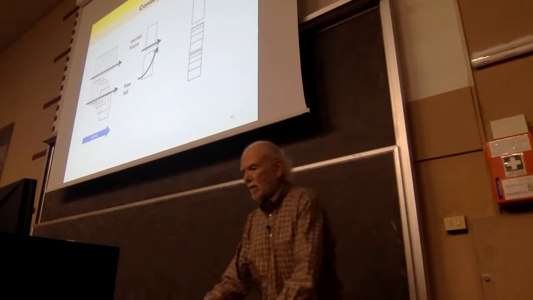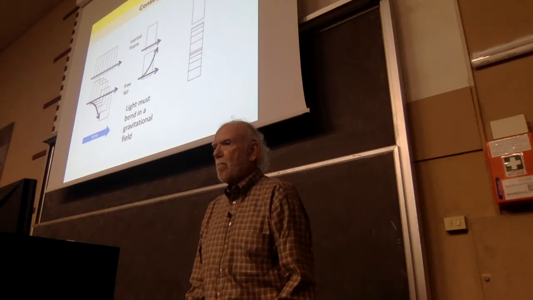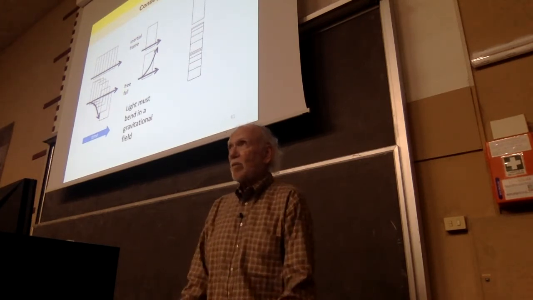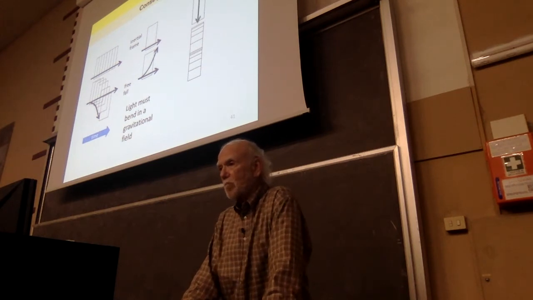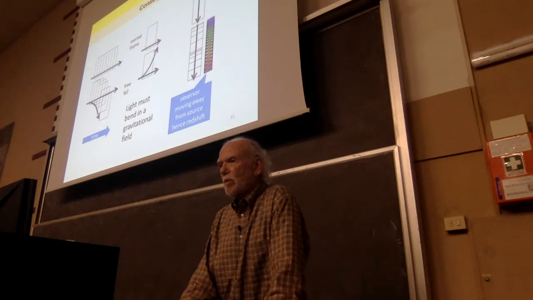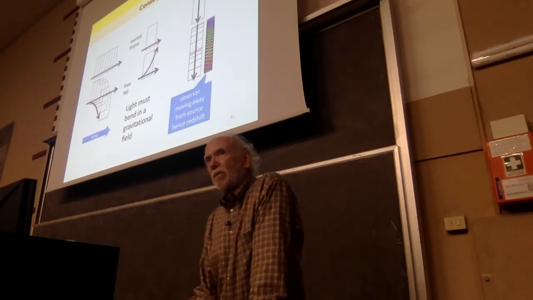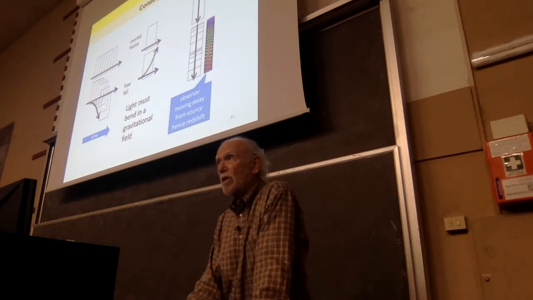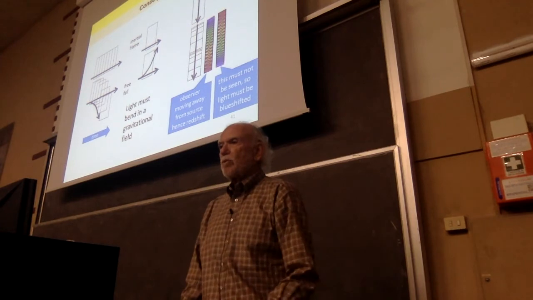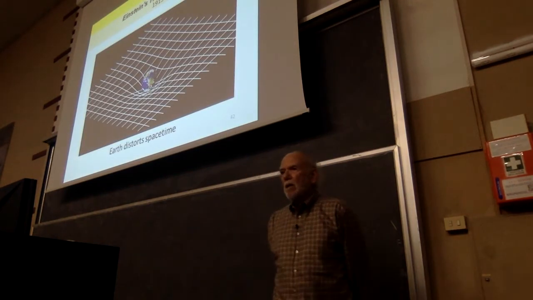And this basically means that light itself must bend if it's in a gravitational field. That also means that if we have an observer moving away from a source, we see the wavelength shift, and we see what's called redshifted light. If we move toward it, the light must be blueshifted. So these are consequences of the theory.